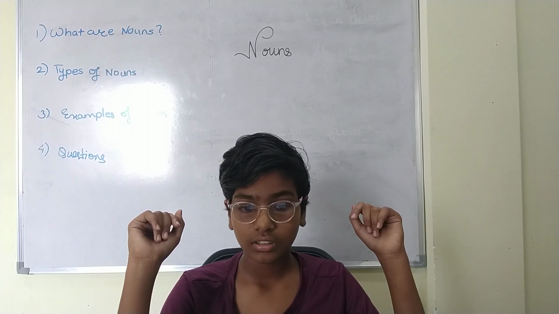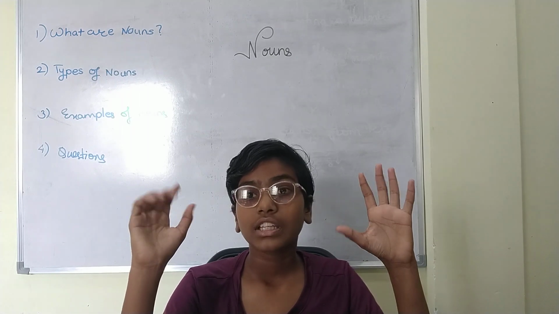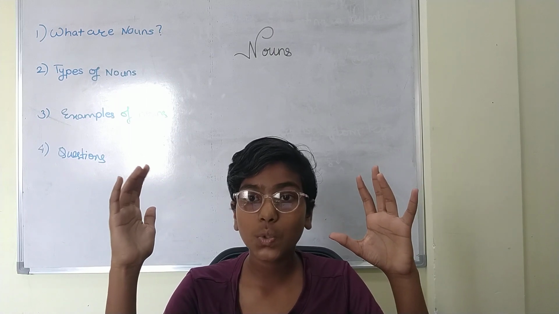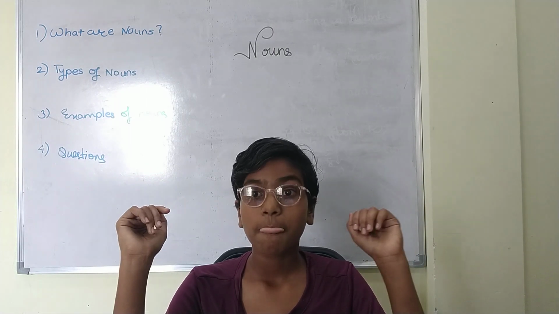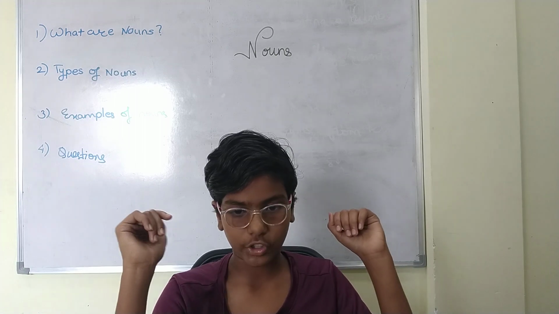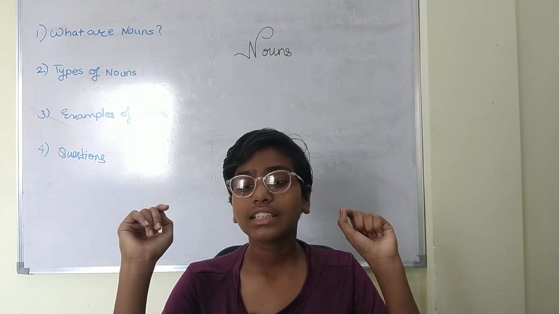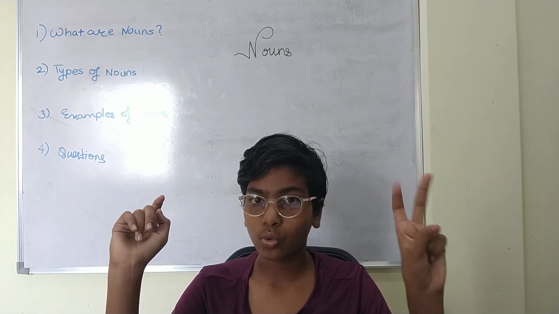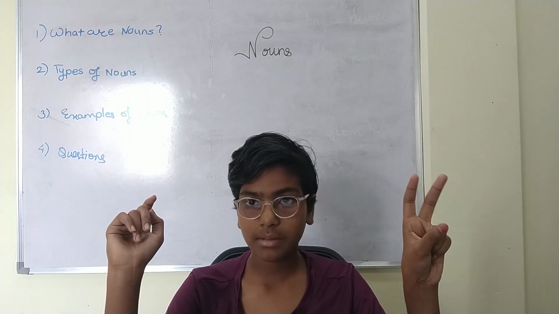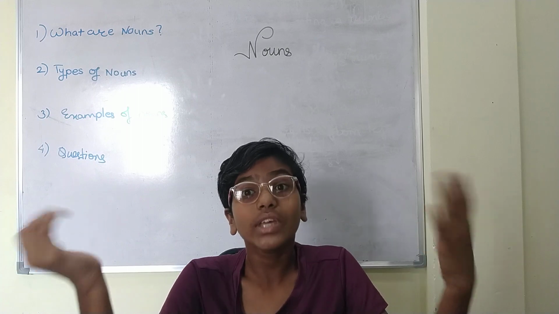Next, gold. Now gold is used to make ornaments. Gold is used to make ornaments. So here we can clearly see that in the sentence there are two nouns, gold and ornaments. Ornaments means you can touch it, you wear it.